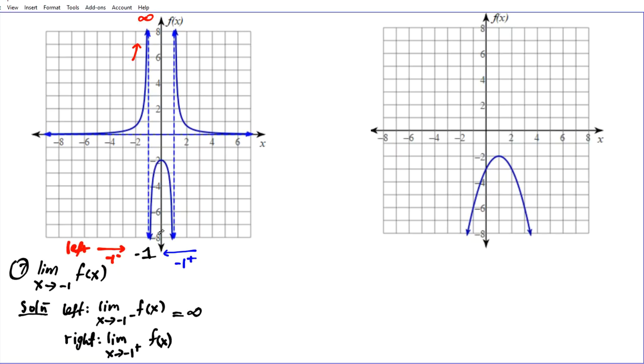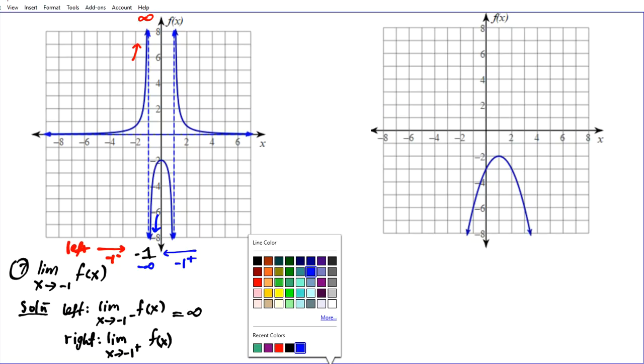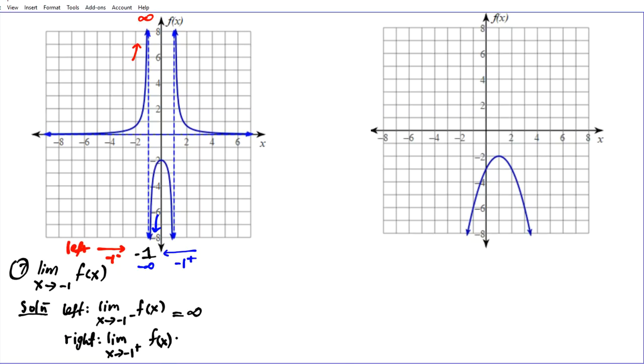So in this case, we are approaching the same vertical asymptote from the right, but we're going downwards towards negative infinity. Remember, when you're approaching the vertical asymptote, if you're going down it is negative infinity, if you're going up it is infinity. In this case, we're going down, so it's going to be negative infinity.